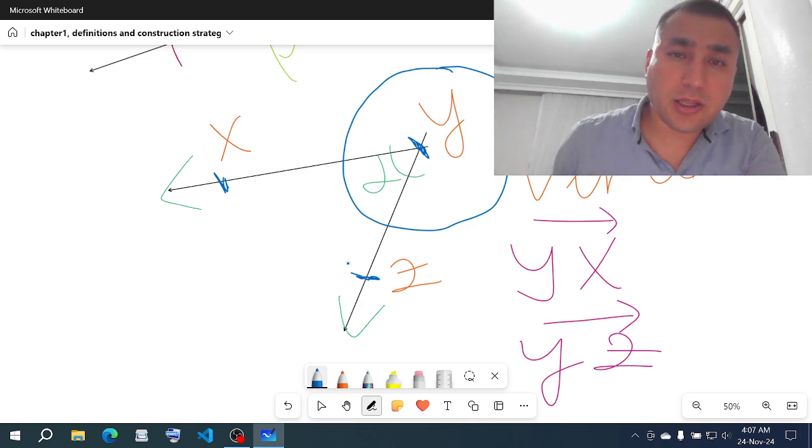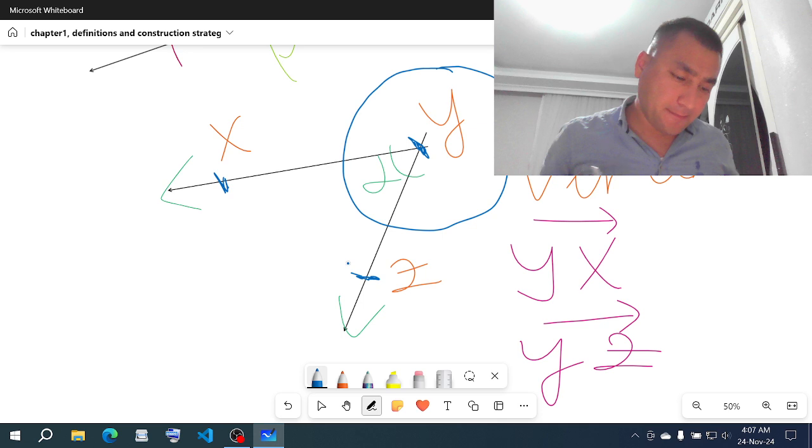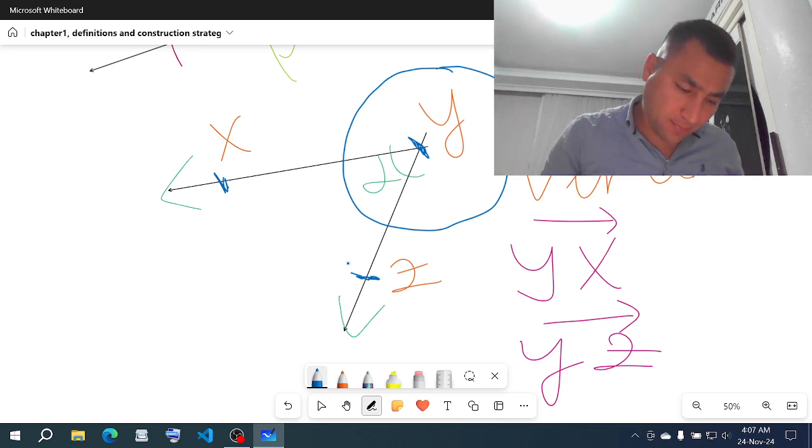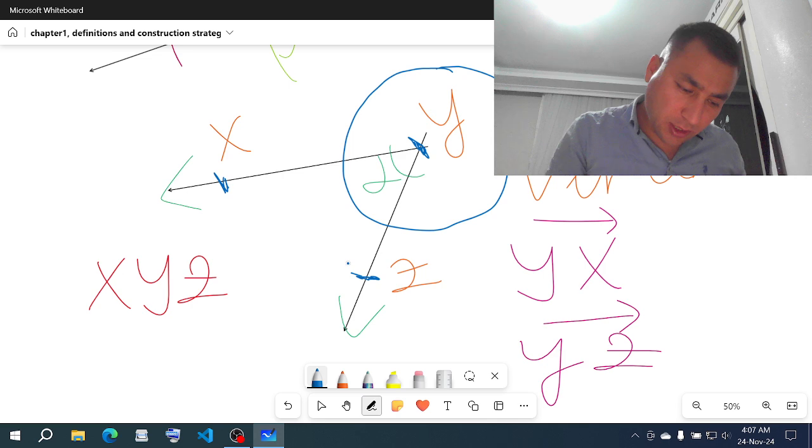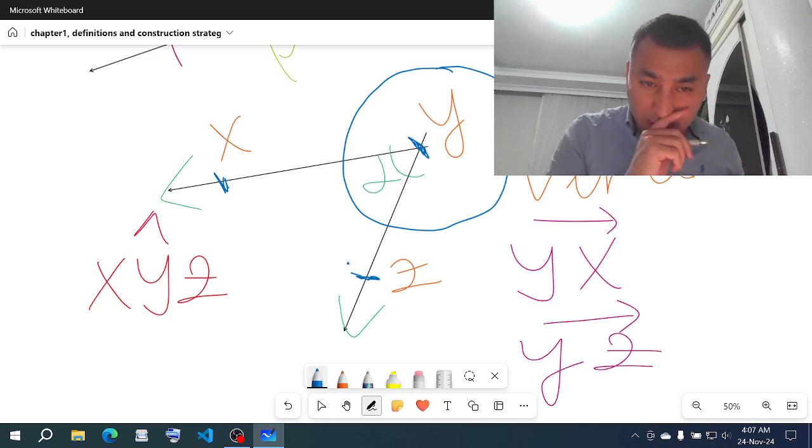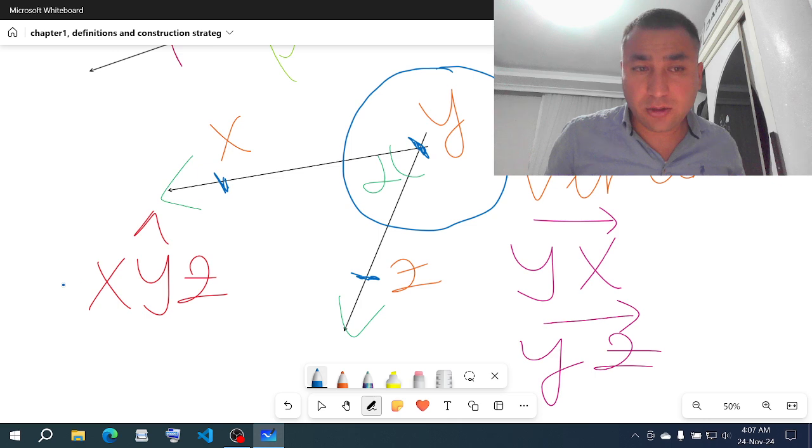It has also another name, and you can show it in other ways like this. X, Y, Z, with a symbol like a triangle. Oh, it's not exactly a triangle, but you put this symbol which shows the angle. Or you can put something like this.